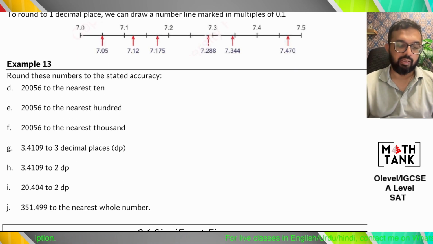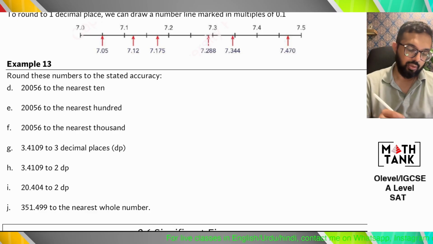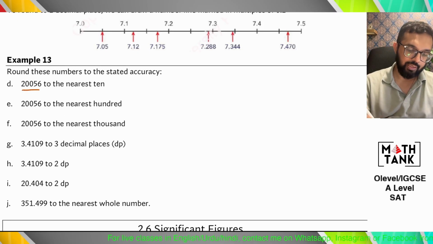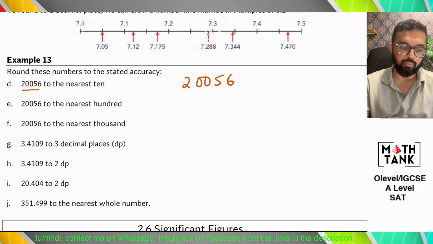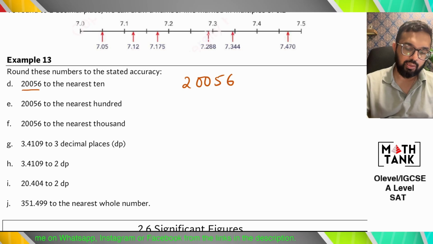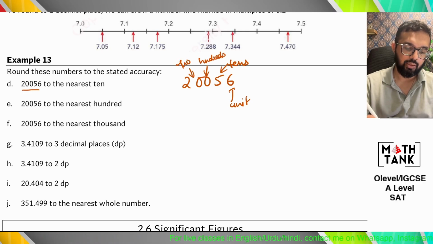Let's see what this is asking us to do now. 2056 to the nearest 10. Now you have to realize what the nearest 10 means. For digits, this is the unit, this is tens, this is hundreds, this is thousands, 10,000s, and so on. The nearest 10, that's where I want to round off.